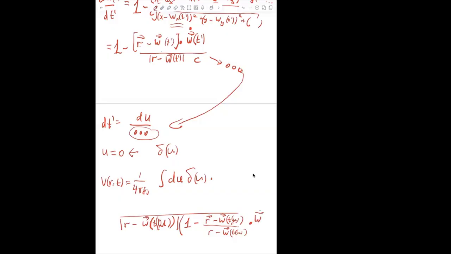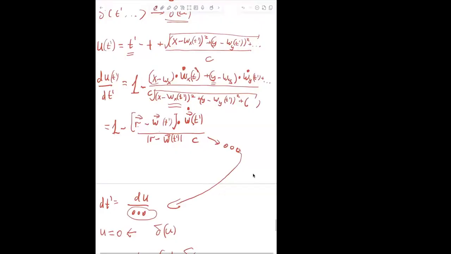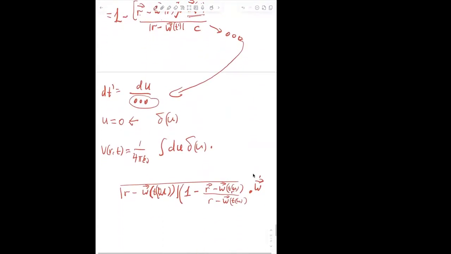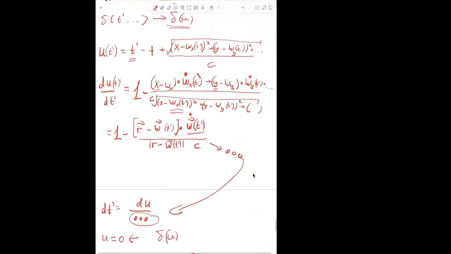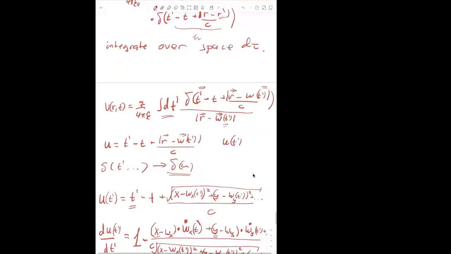W dot comes from here, t of u divided by c. Now, because of this delta function, when u is equal to 0, what do we get? This is from the definition of u. See from here. I just take u equals 0 because of the delta function.